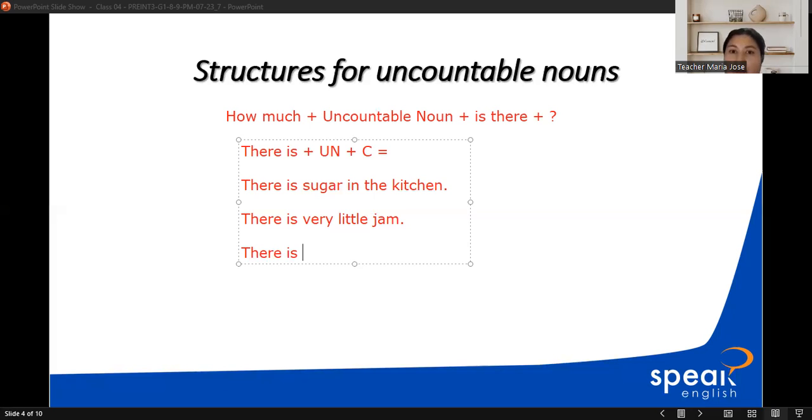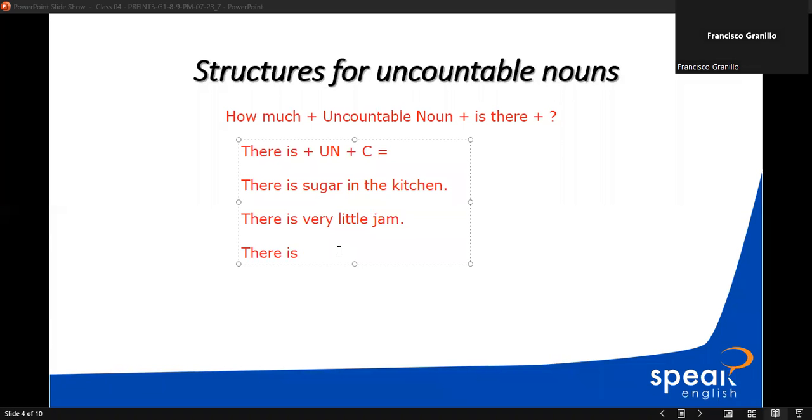Okay, that is perfect, but we didn't check too much from the ones that we checked. There is something. Something or some? Some.